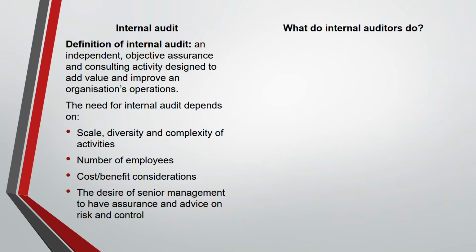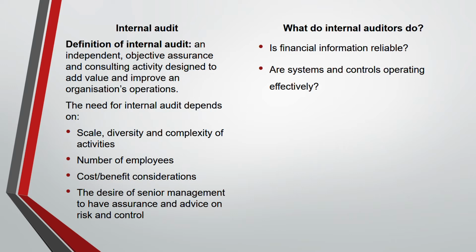So, what do internal auditors do? Remember, the roles that the internal auditor plays and the role that the external auditor plays have some similarities, but differences are also there. Mostly we are focused on the differences. Number one, is the financial information reliable? They check whether the financial information is reliable or not. And remember, if the internal auditors are doing their work effectively and efficiently, it reduces the work of the external auditor if they are going to rely on the work of the internal auditor.